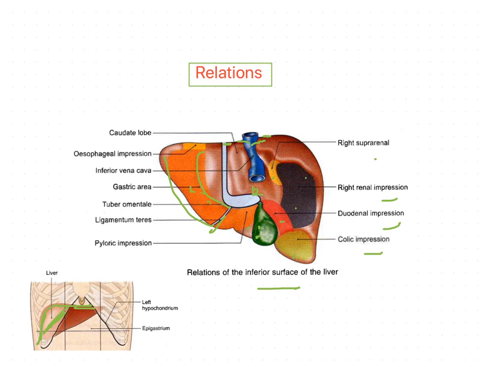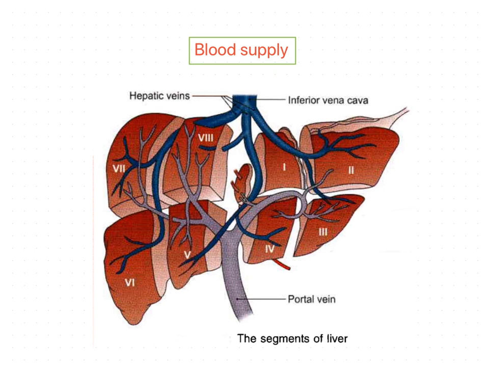And if you see the blood supply, it is mainly brought about by the right and left branches of the hepatic artery as well as the portal vein.